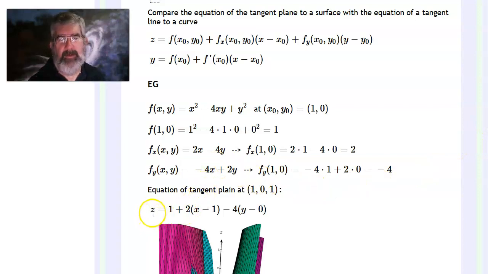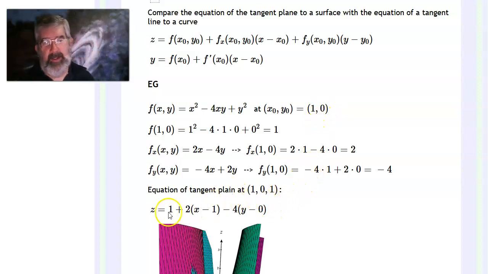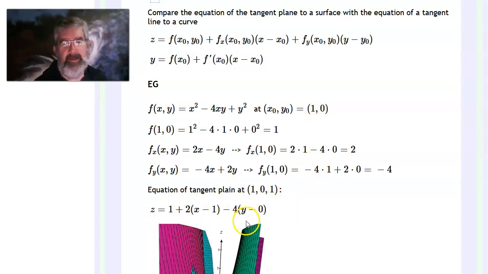It's going to be z equals 1, that's the function value there, plus 2, that was the partial with respect to x, times x minus 1, that's the x component that we wanted to go through, minus 4, partial with respect to y, times y minus 0. 0 was the y component we wanted to go through. This is the equation of that tangent plane.